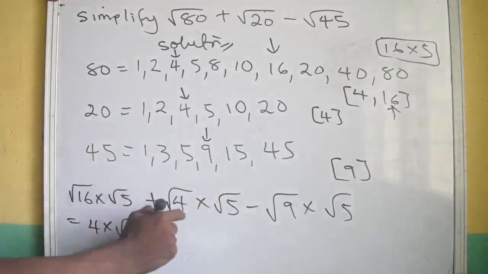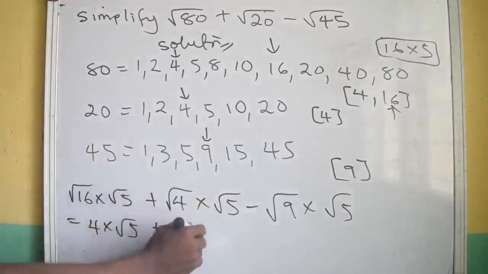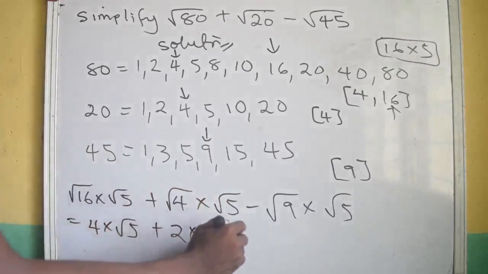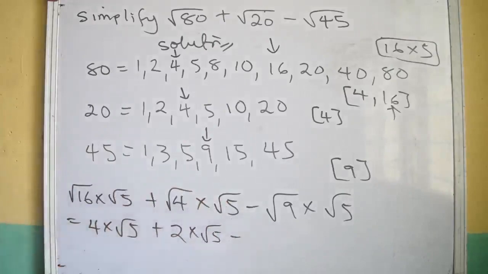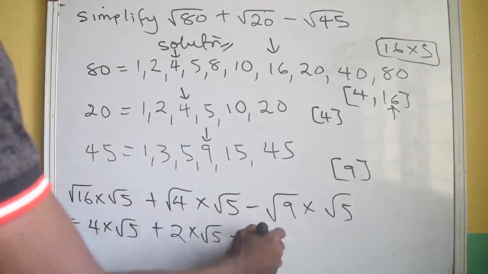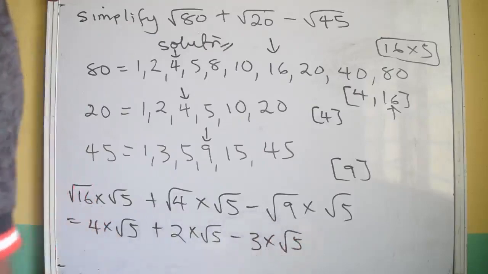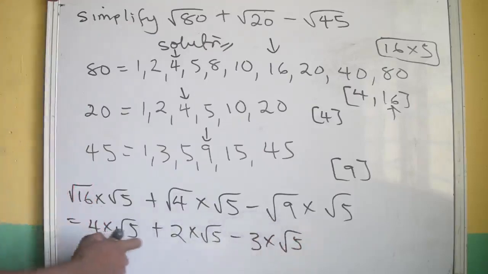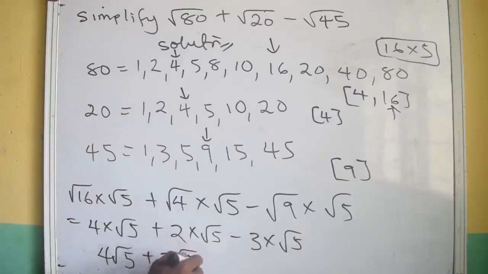So we have plus root 4, which is 2 times root of 5, minus root 9, which is 3 times root of 5. This times this is 4 root of 5, plus this times this is 2 root of 5, minus this times this, we'll have 3 root of 5. So we are not done here.